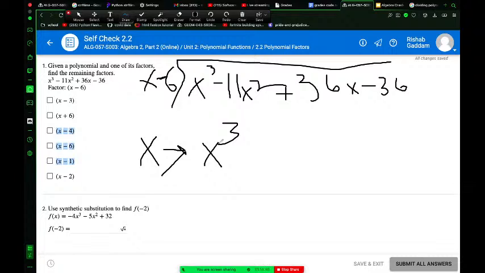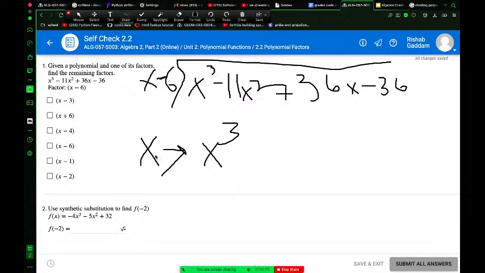Okay, that would be 3 times 2. Wait, what are you talking about? But where did 3 times 2 come from? Okay, so what you're supposed to do is look at how x turns into x to the power of 3, because that's the first thing in here.